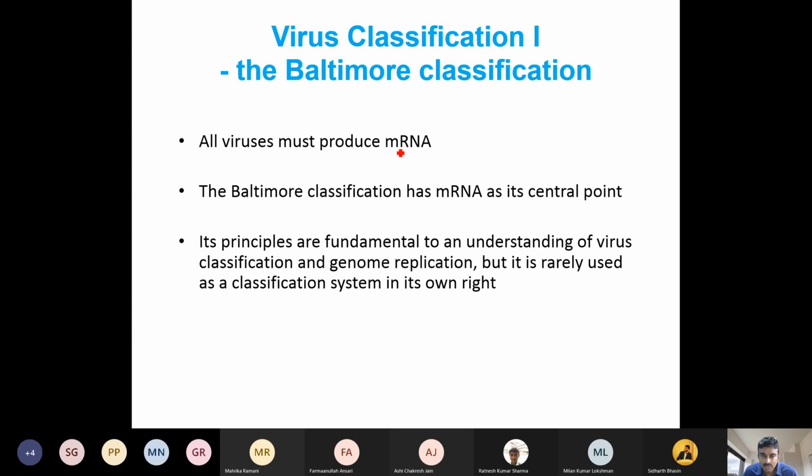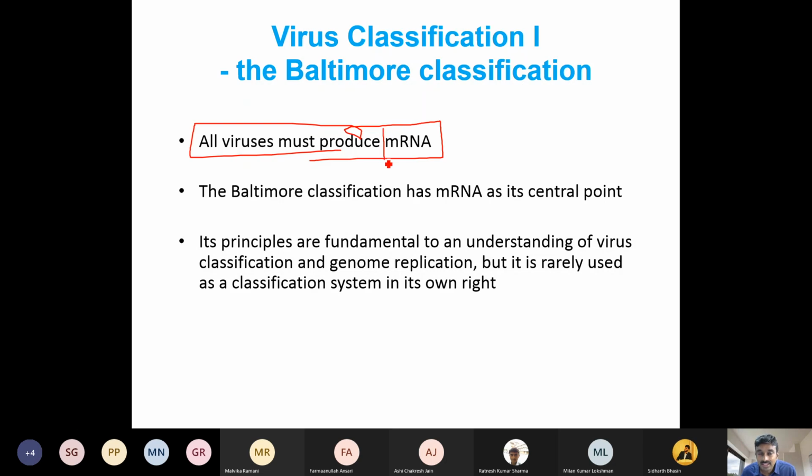So what was so unique about Baltimore classification? Actually, it's a very simple method of classification. Today, you can think that everybody knows this, but you have to think about it, then you have to classify it, then there is a lot of biology that comes with it. What is the basis of Baltimore classifying viruses? The one single theme based on which he classified all viruses is that he figured out that viruses encode their own protein. So they should have their own mRNA.